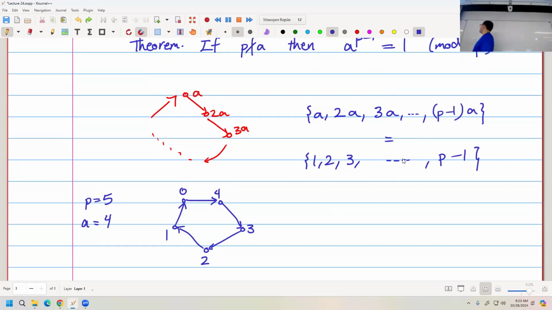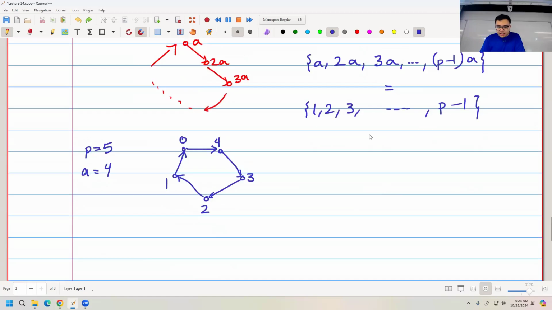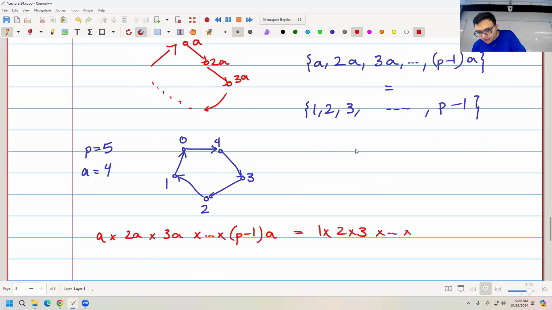Okay, so if these two sets are the same, I can just multiply all the elements in each of the sets, and I should get the same result. So this means that if I take A times 2A times 3A, and so on, to P minus 1 times A, this is the same as 1 times 2 times 3, and so on, to P minus 1.